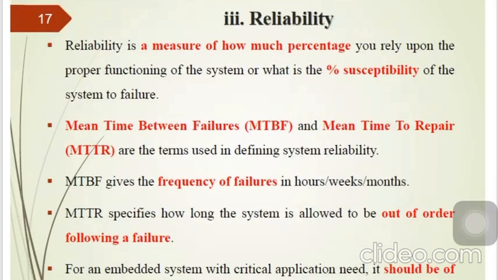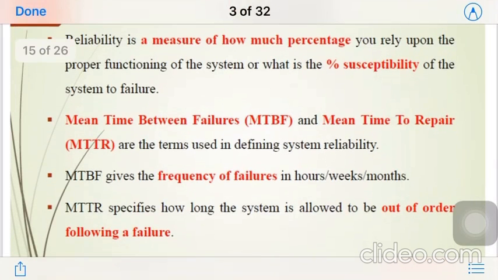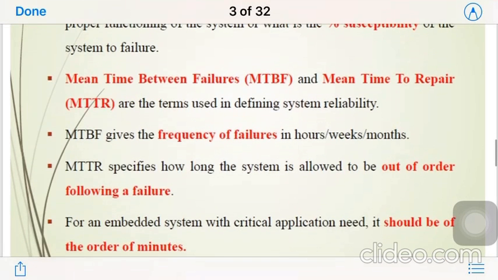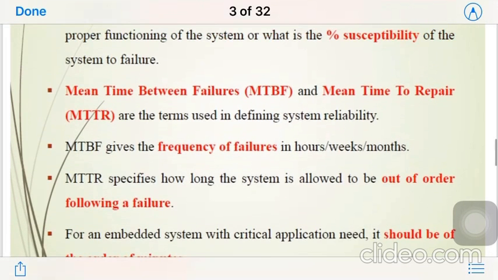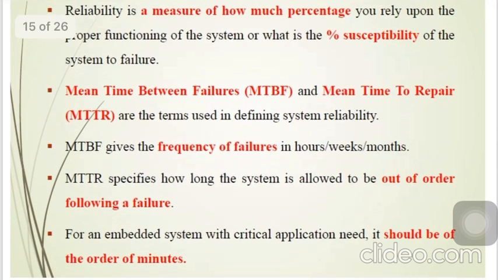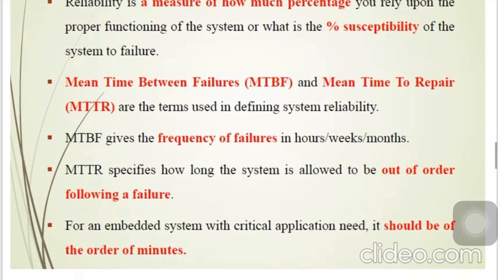Mean time to repair specifies how much time it will take to repair and how long our system will be out of service. For critical applications or critical systems, this repair time has to be very small and our system should quickly be back in action, that is required, right?